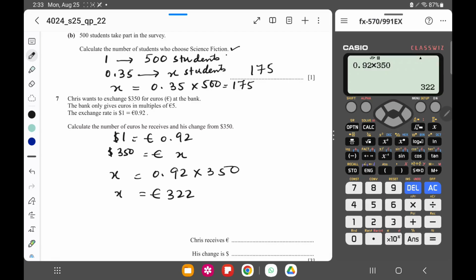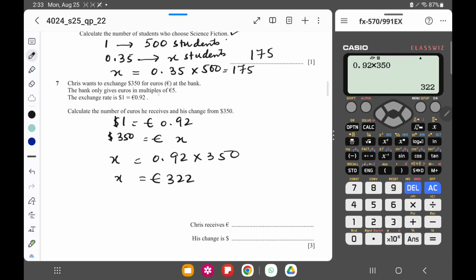But the person cannot get 322, because they can get either 320 or 325, but 325 is not possible, so 320, because the euros received will be in multiples of 5. So that is 320.